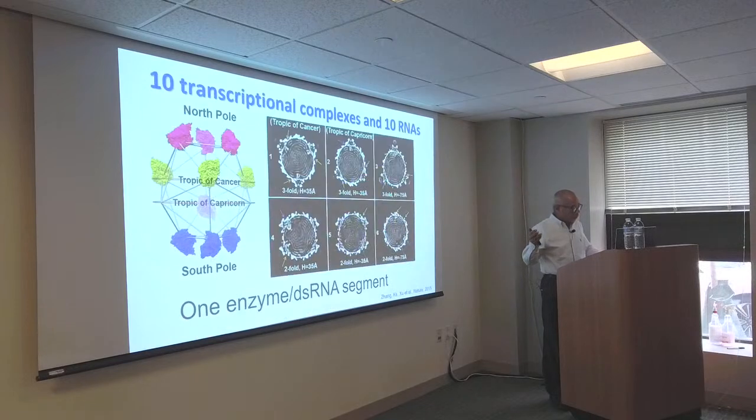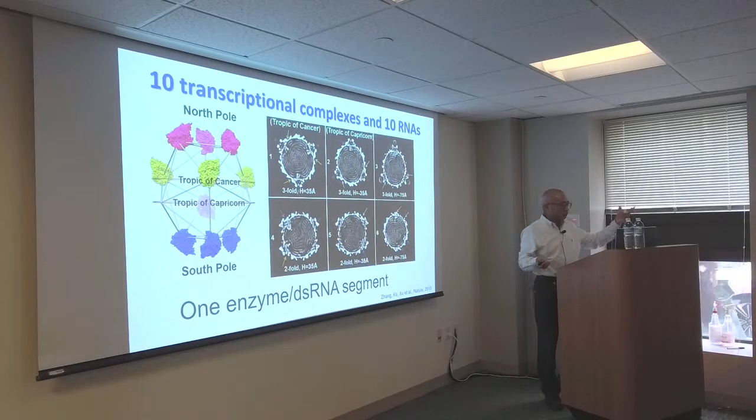If you look carefully, you can see a total of 10 regions with this density. That's why we interpret these as the polymerase inside the virus, 10 segments, 10 enzyme complexes, so that each segment has its own unique polymerase complex to do the transcription.